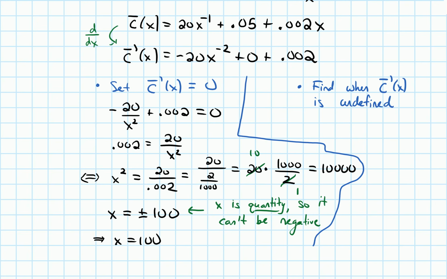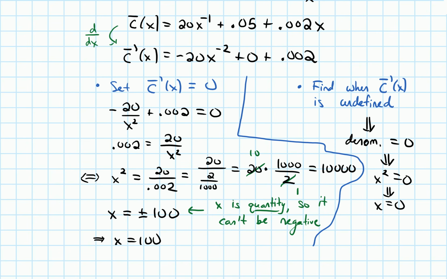The only thing that can make this derivative undefined is that I have a fraction here, and the denominator of that fraction is 0. So the thing that would make this happen is if the denominator equals 0, and the denominator was x squared, so x squared equals 0 when x equals 0. Okay, so 0 is the value that makes this derivative undefined.